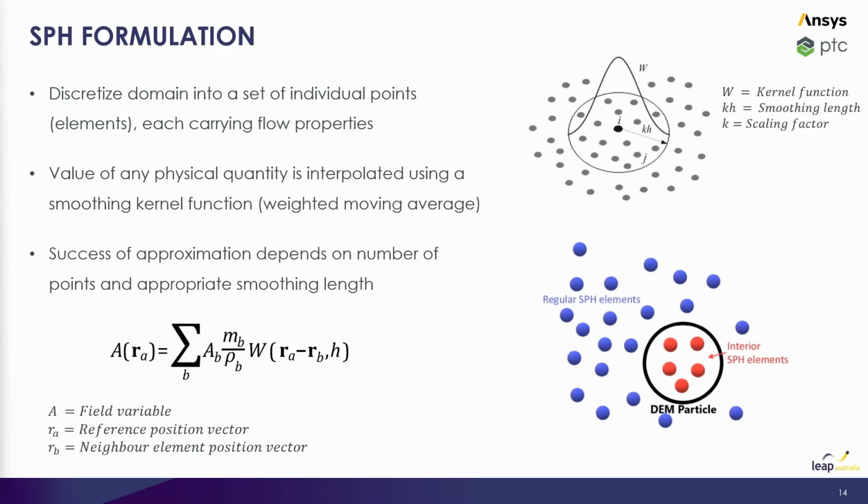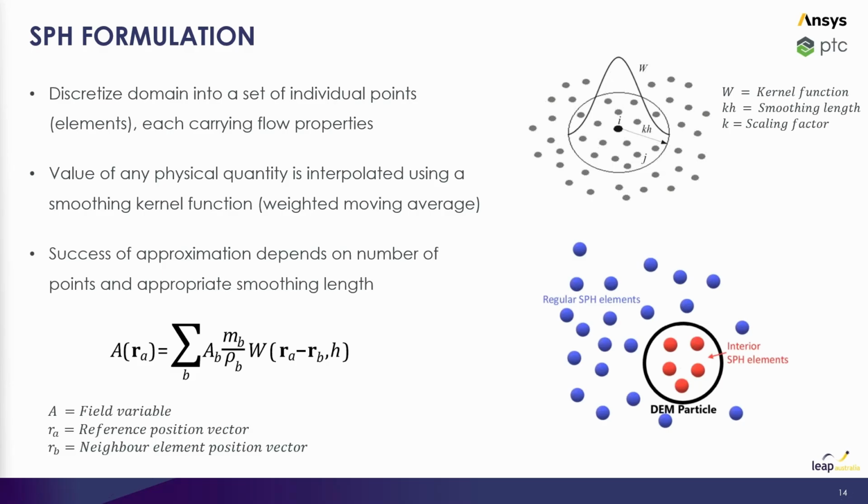Now, I'm just going to go into a little bit more detail, but I'll keep things high level. But basically, the core concept of SPH is to approximate the properties of a fluid by dividing it into that set of finite discrete elements or particles.